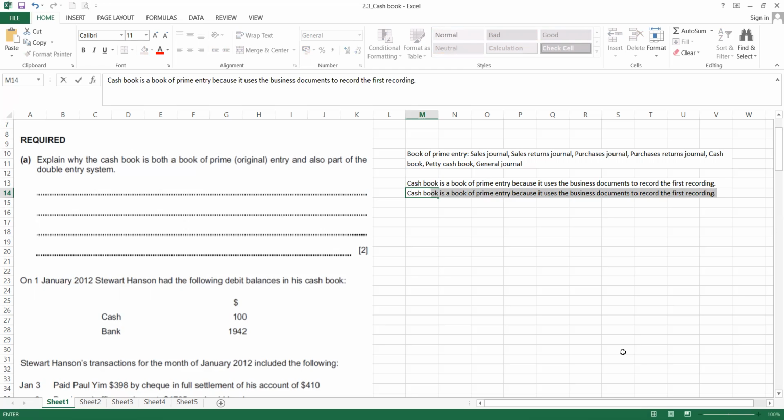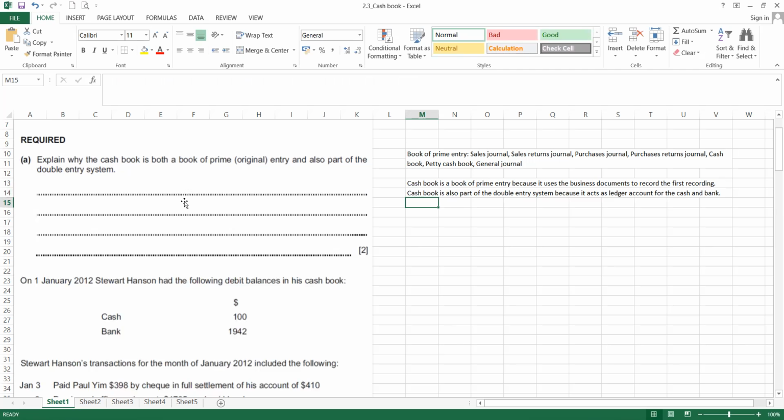So the cash book is also part of the double entry system because it acts as a ledger account for the cash and bank. So that is the reason why it performs the 2 roles.